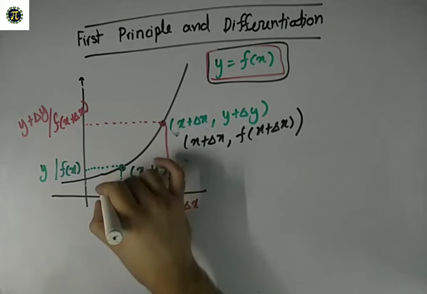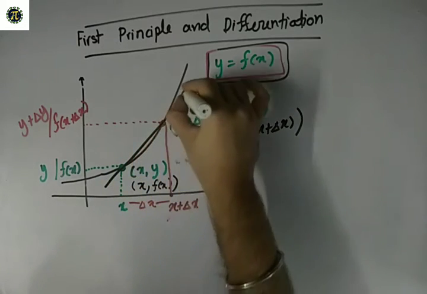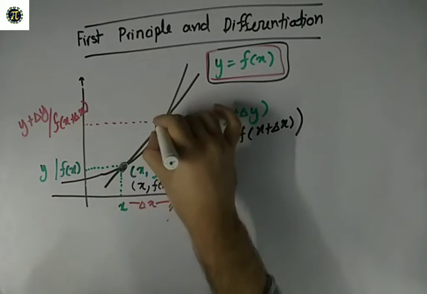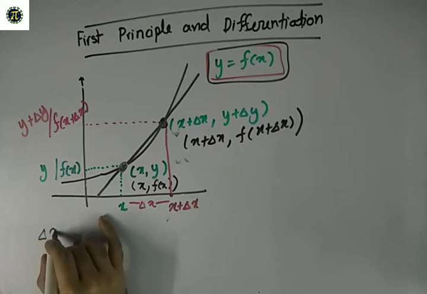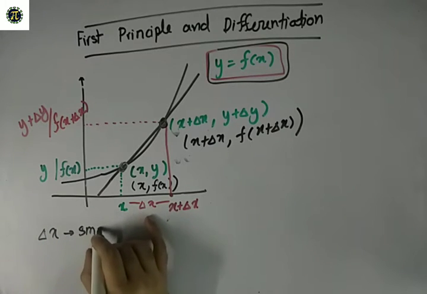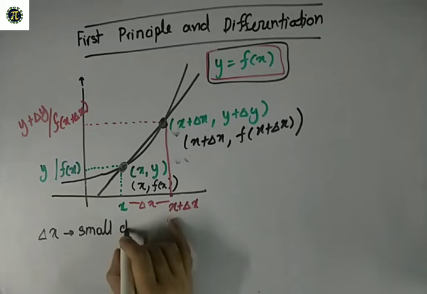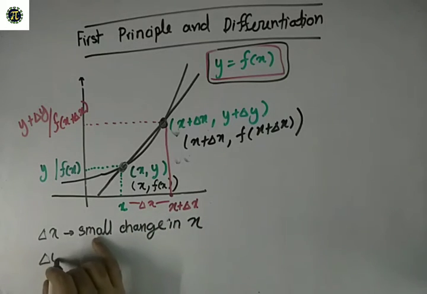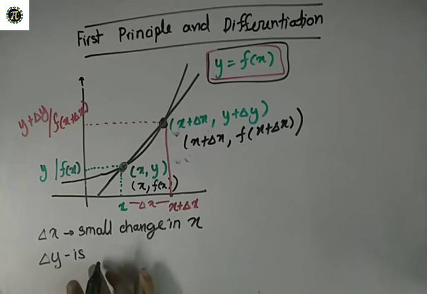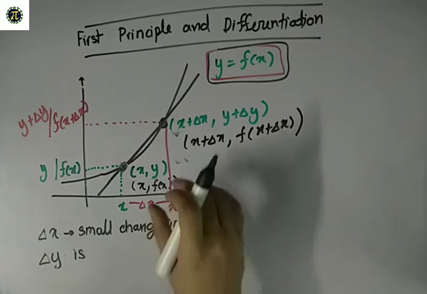Let's try to find the slope of the line that joins these two points. First of all, I should mark what is delta x. Delta x is a small change in x, and delta y is not small or big, it's relative to x.